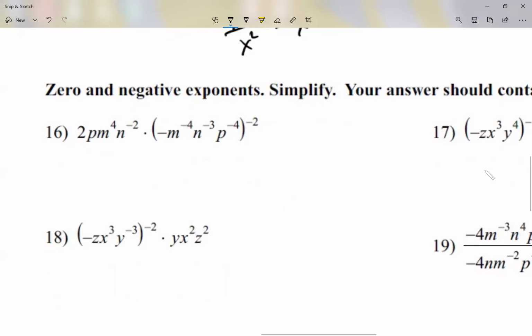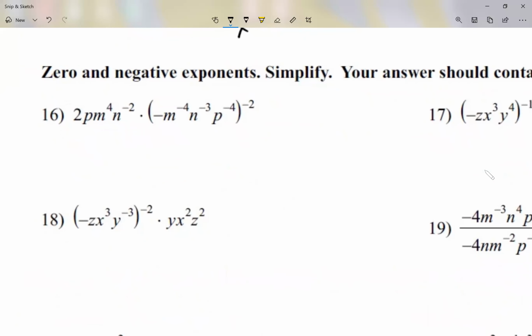So let's start. We're going to start combining a few rules here. First of all, let me get rid of parentheses. So I'm going to say that the 2 p m to the 4th n to the negative 2, outside of the parentheses, I'm going to leave it alone. This negative sign at the very front is basically negative 1.